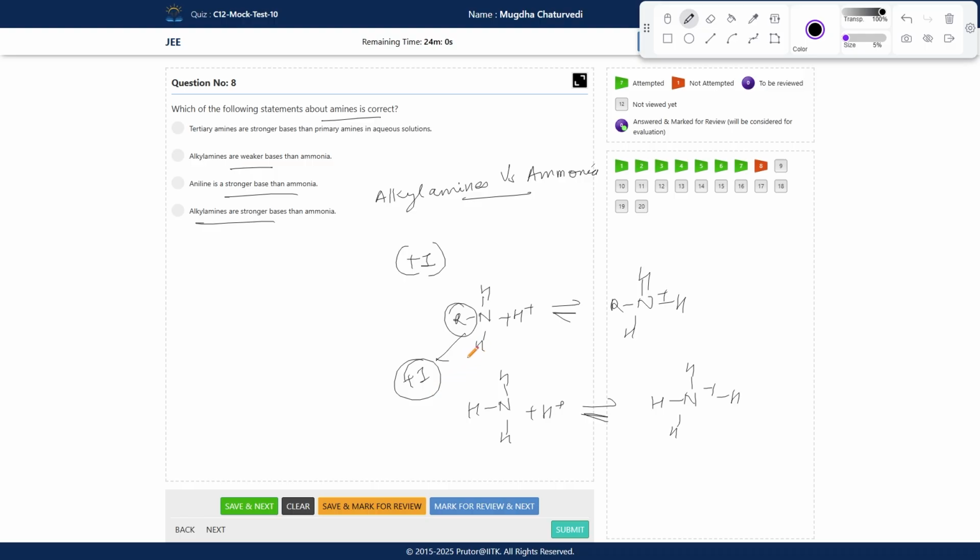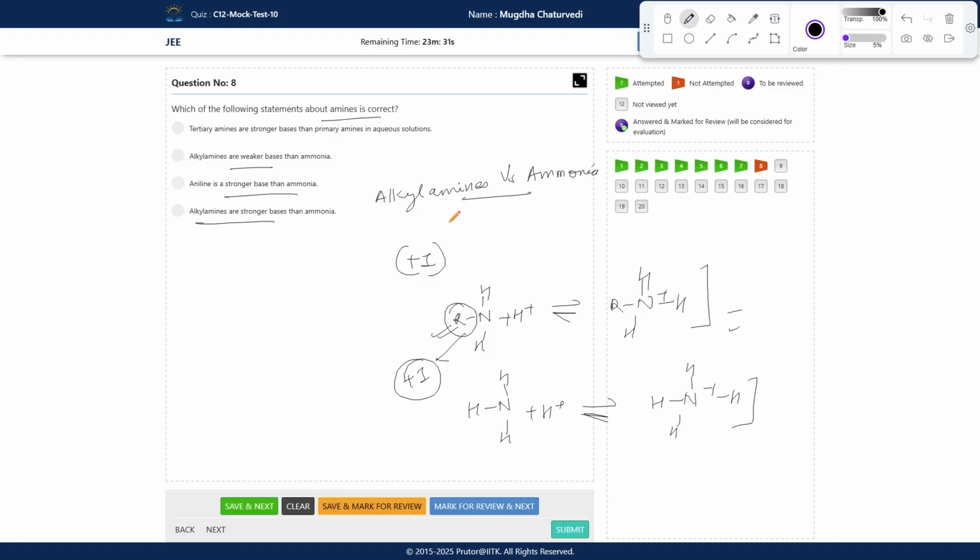And the substituted ammonium ion formed from the alkyl amines is more stable than the one from ammonia. So this is more stable compared to this one. This is because of the dispersal of the positive charge by the plus I effect of the alkyl group. So comparing alkyl amine versus ammonia, alkyl amines are stronger bases than ammonia.